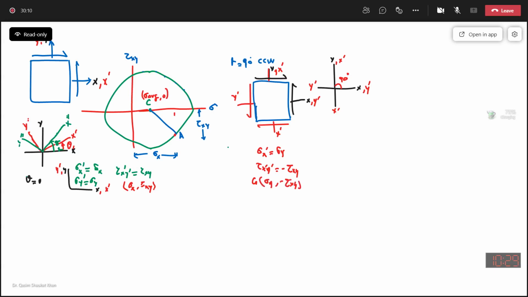Fine. Now if you see this over here, we have said shear stress is negative upwards, so this point will be exactly opposite to this point here somewhere. The coordinates will be this one.